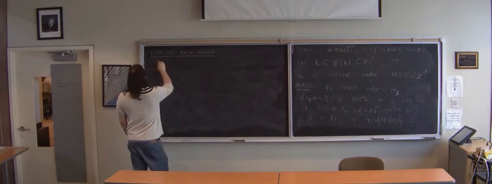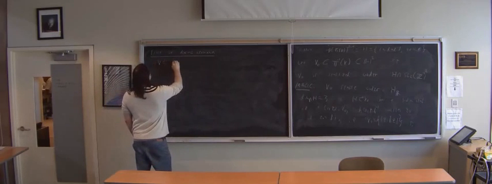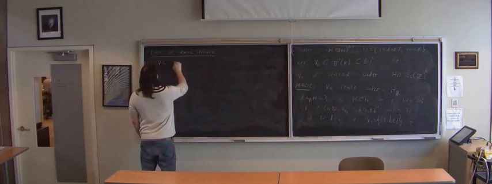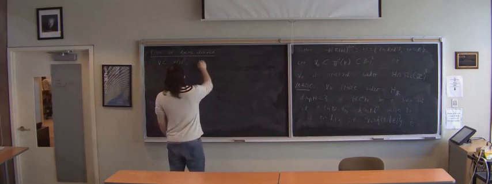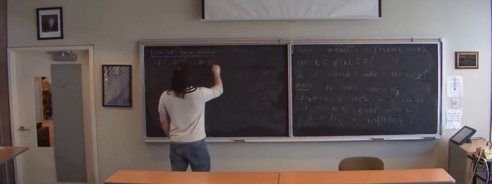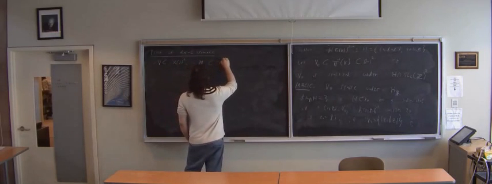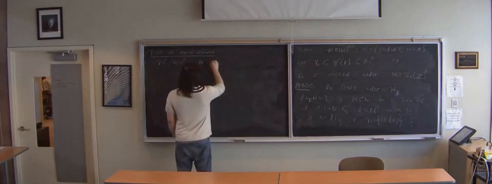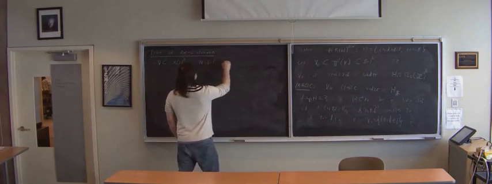So recall the setup is we have a variety V in X1 to the n, and an algebraic variety W in H to the n.